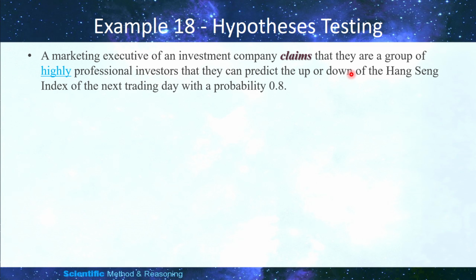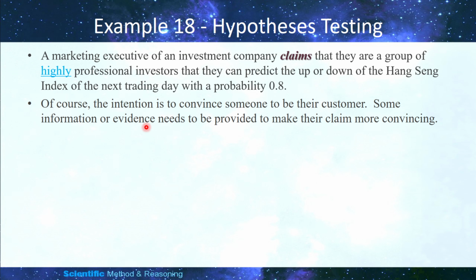That is the claim by the marketing executive. Of course, the intention is to convince someone to be their customer, so that you will put a big bunch of money into the company and let them invest for you. Some information or evidence needs to be provided to make their claim more convincing. Now, that's what they claim.